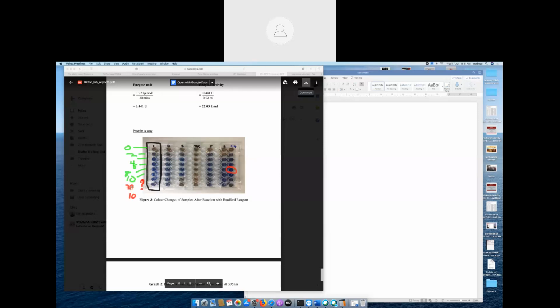It exceeds the standard. The standard can no longer be used. So if you use 10, and then it turns out to be this color, and it is within 2 microgram to 10 microgram, then it is a good choice when you use 10. You can even end up putting only 1 microliter of the protein sample plus 19 microliter of the water.